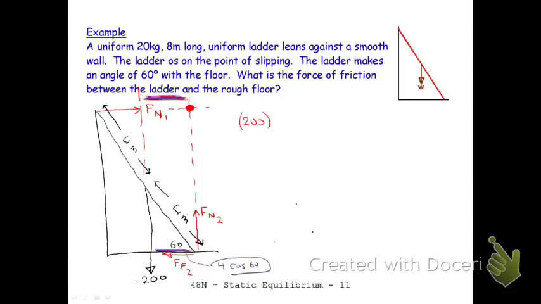Again, components come in. Agreed? So this will be times 4 cosine 60. Then I put my finger on that turning axis and move my finger along the 200 and I see it's going in a counterclockwise direction, which is positive.